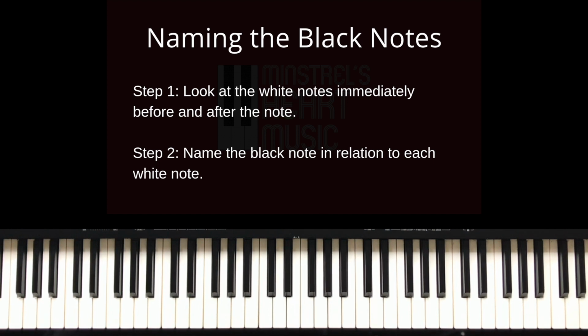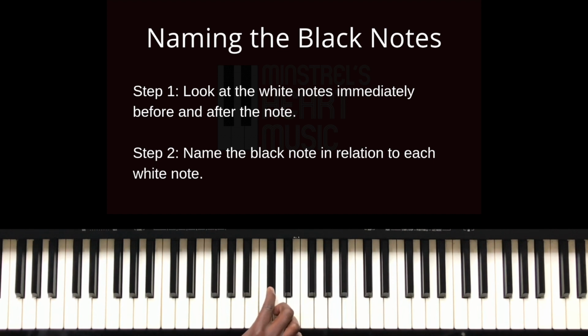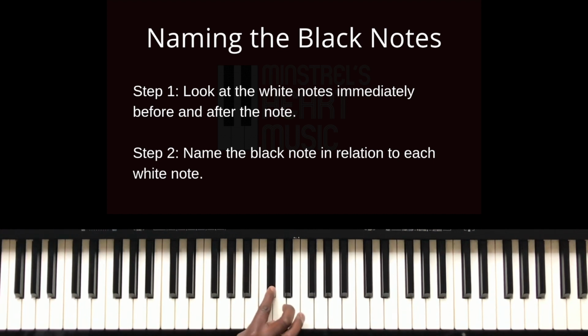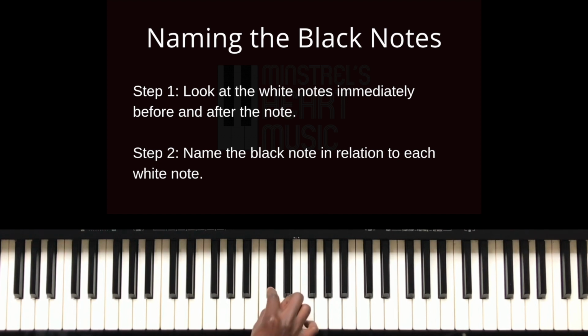So let me reiterate that first, when you have the note, you look at the white notes right before and after. So in this case, C and D. And then you name the black note that you are identifying relative to those white notes. So relative to C, this note is sharpened.